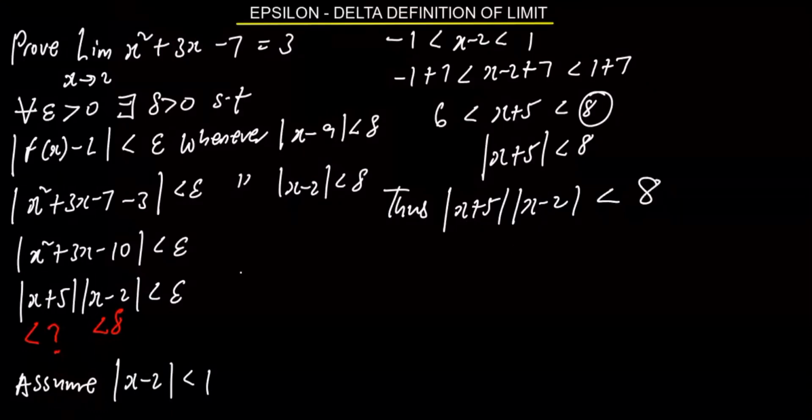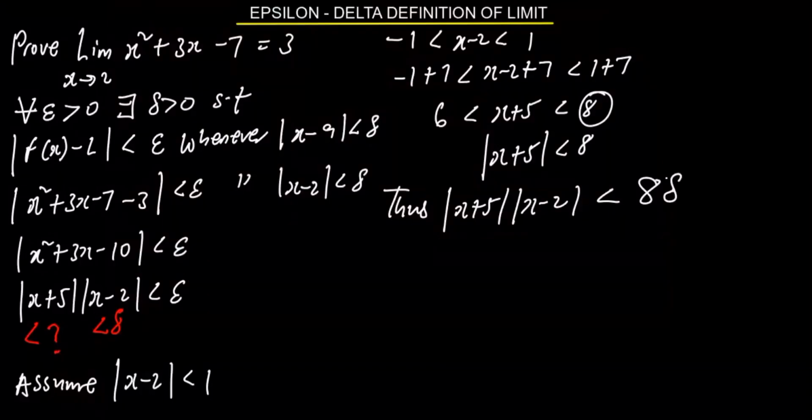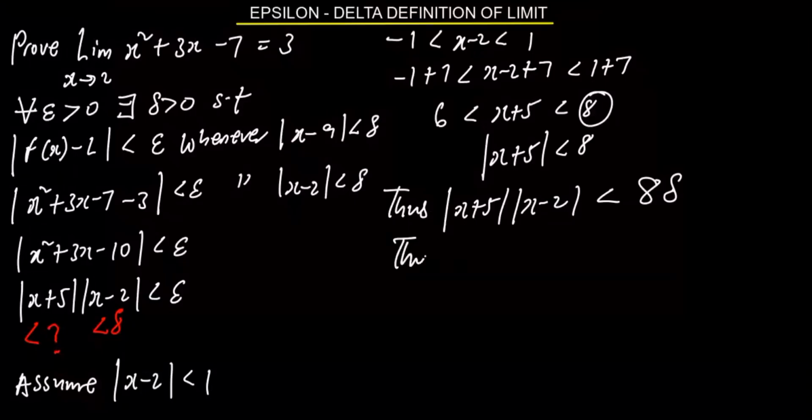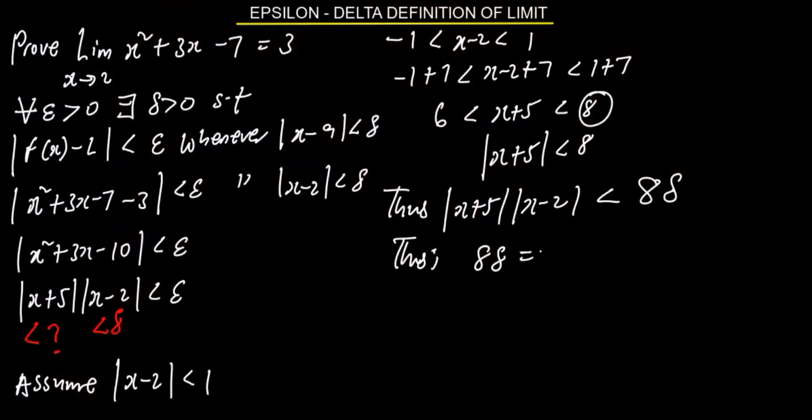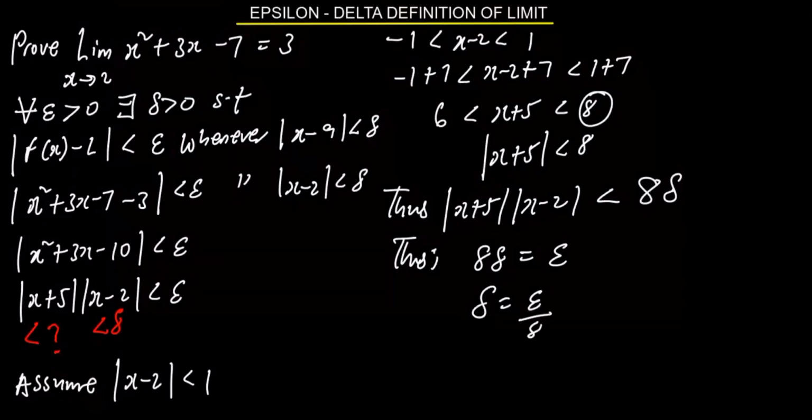X minus 2 absolute value is less than delta. So both of them are less than 8 delta. And remember, they are also less than epsilon here. So I can just say that my 8 delta is equal to epsilon. So my delta is equal to epsilon over 8.